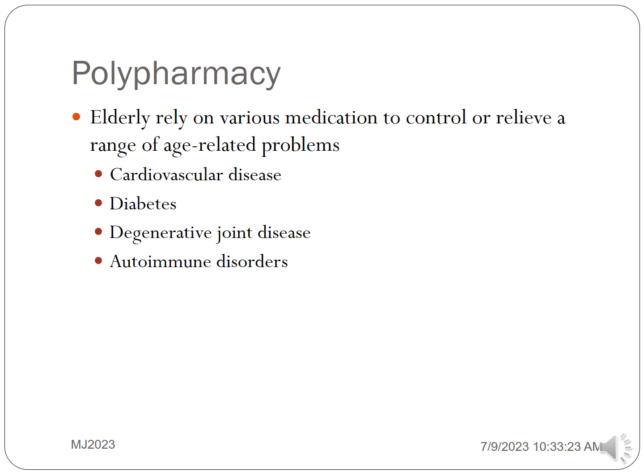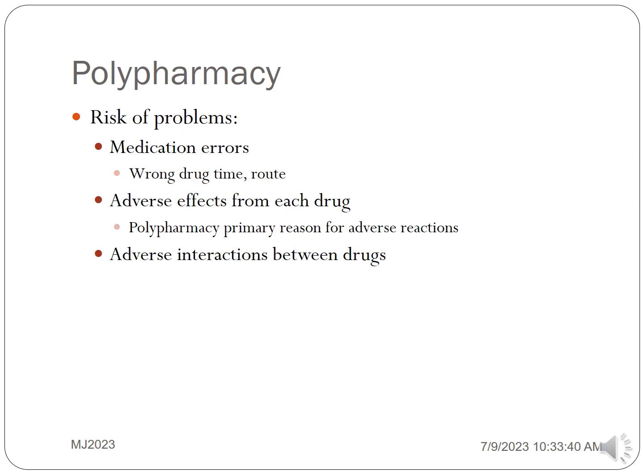Elderly rely on various medications to control or relieve a range of age-related problems like cardiovascular disease, diabetes, degenerative joint disease that they normally present with pain, autoimmune disorders, and various symptoms of geriatric syndromes. So we need to understand that polypharmacy may have many risks, because of medication errors, wrong drug timing, or wrong entry route.